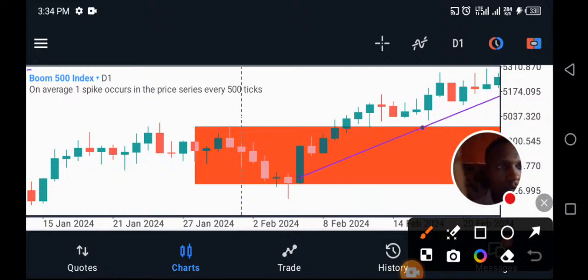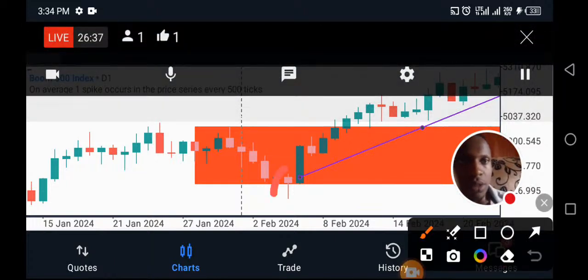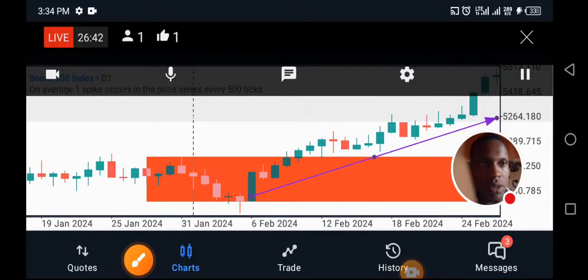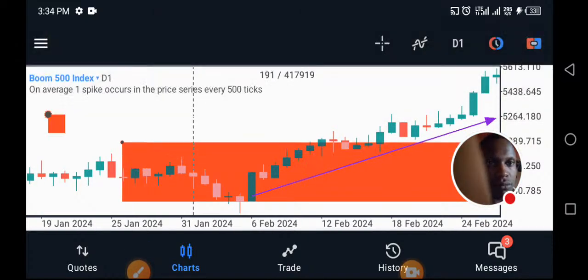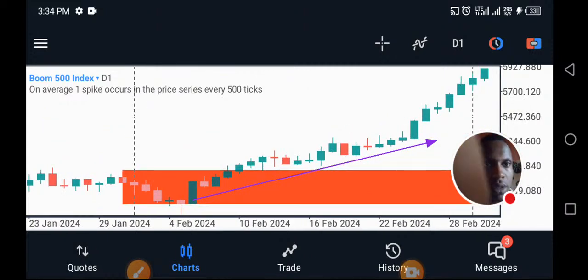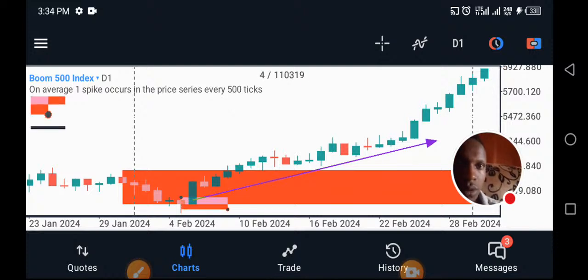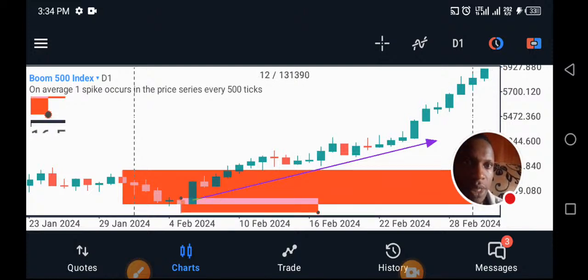Now if you want to mark that particular candle here, what you can do is to make sure you mark just the body. You can mark just the body here, or you can decide to mark the entire candlestick.